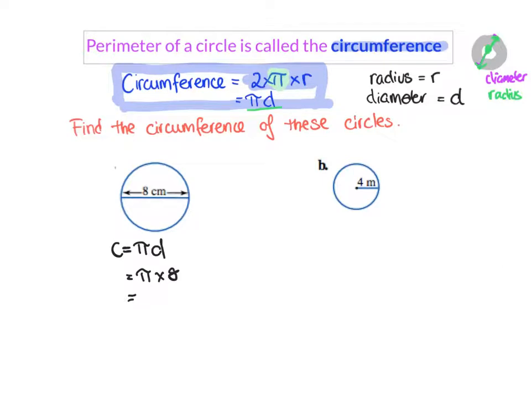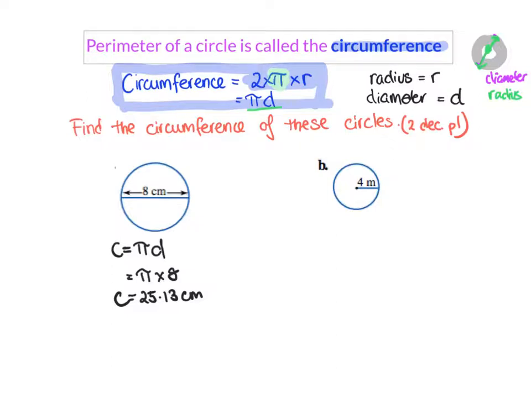Find the pi button on your calculator, and I get 25.13, and I'm going to say centimeters because that's what it was measured in. I will pop up here in the question that we're going to do it to 2 decimal places. If you don't know where the pi button is on your calculator, just ask the teacher and they will show you.